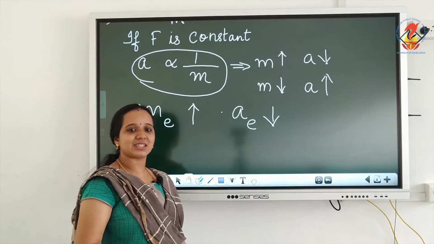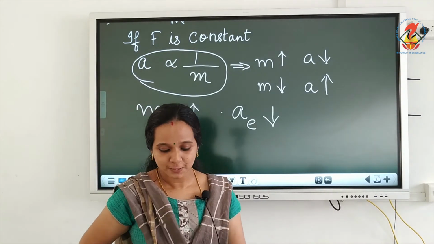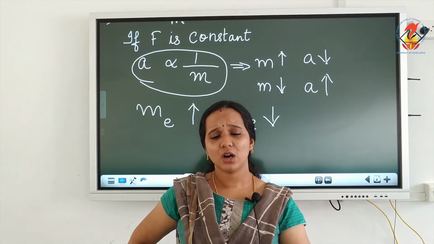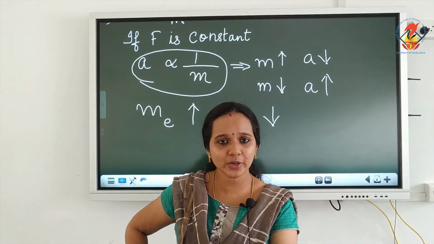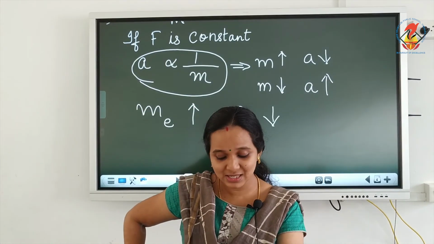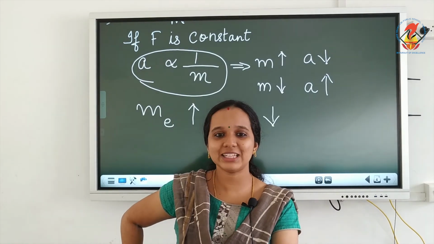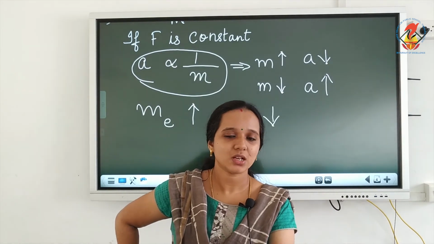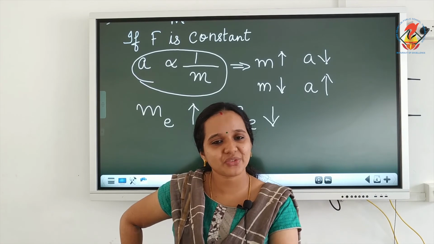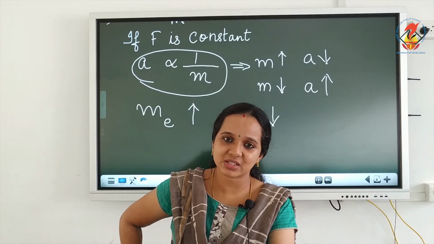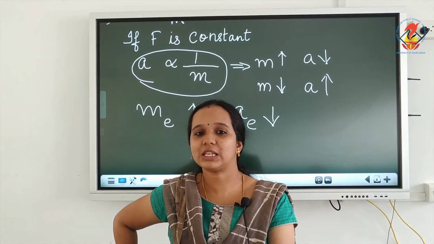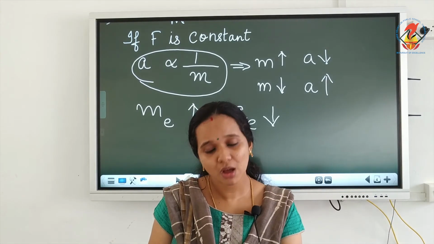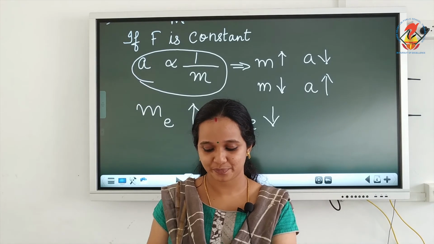Even though the earth is attracted towards the moon, since the acceleration is less, the movement is negligible and cannot be seen. So, when mass increases, acceleration decreases. That is the answer for the fifth question.